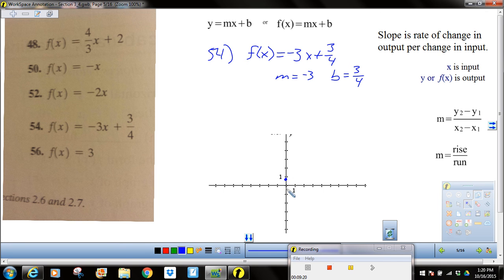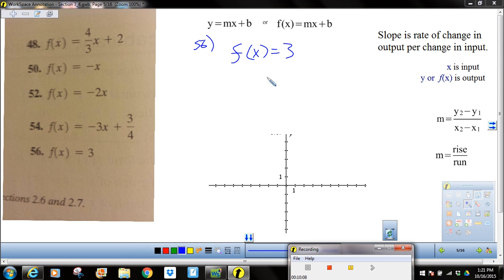So there's 1, 2, notice how I'm not actually on the grid mark, 3. And then as I go over 1. There's the graph.